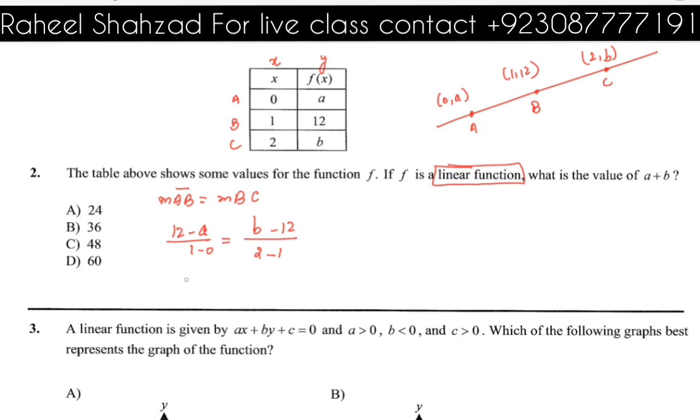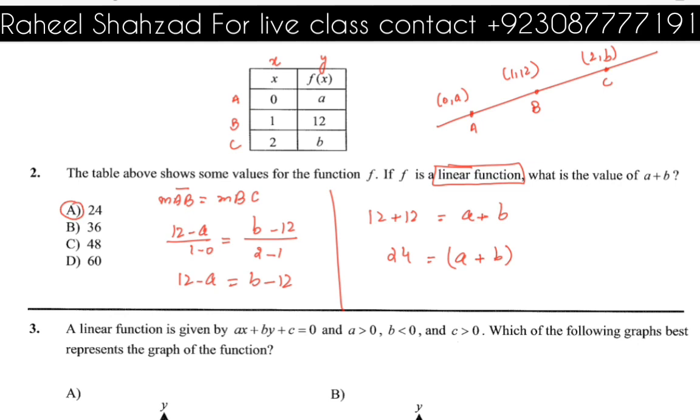So it's going to be 12 minus a is equal to b minus 12. And when you rearrange it, it's 12 plus 12 is equal to a plus b. That makes it 24. So in this question, they are asking for the value of a plus b. So in this case, this is 24. So A is my answer.